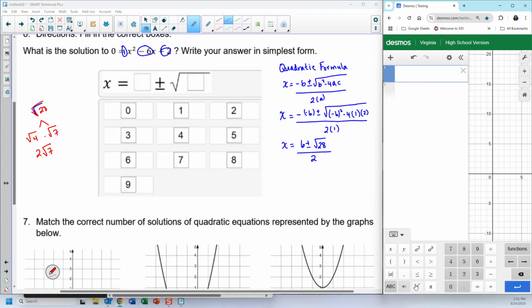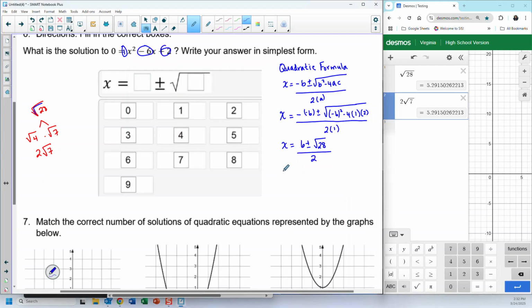Okay, look, square root of 28 is the same thing as 2 square root of 7. See, they're equivalent. So let me write this out. So that means I have x equals 6 plus or minus 2 square root of 7 over 2.